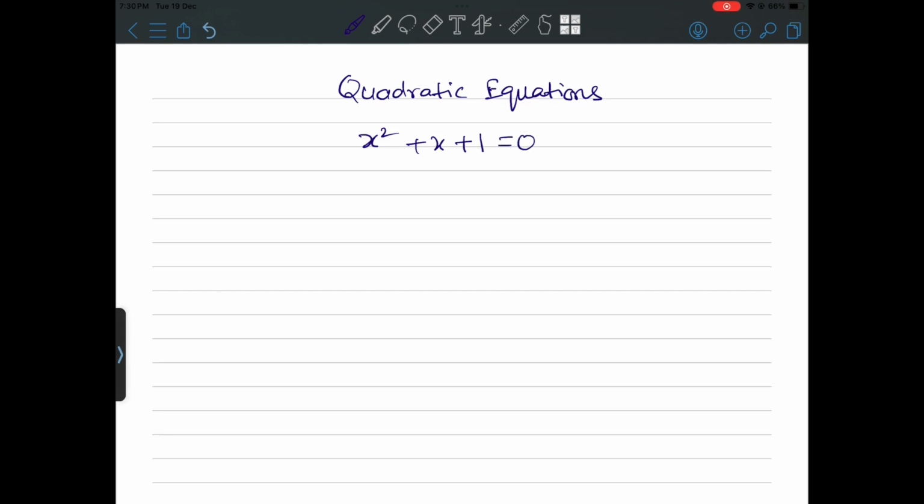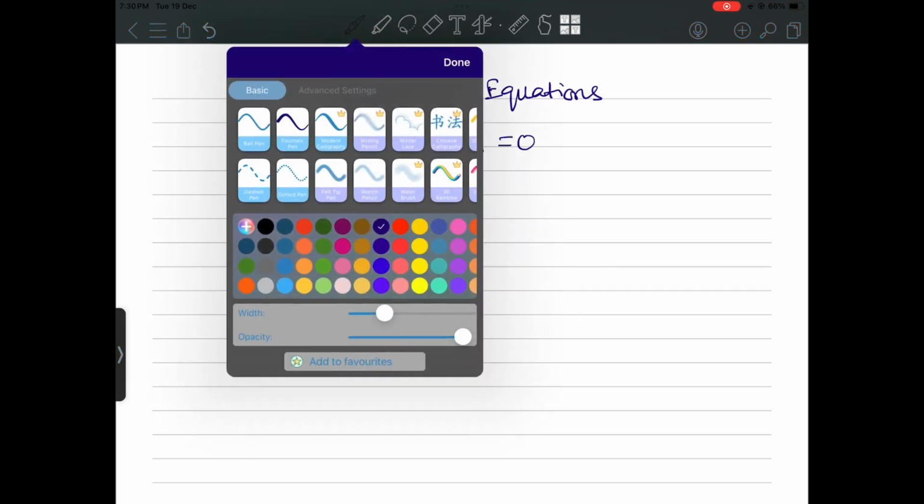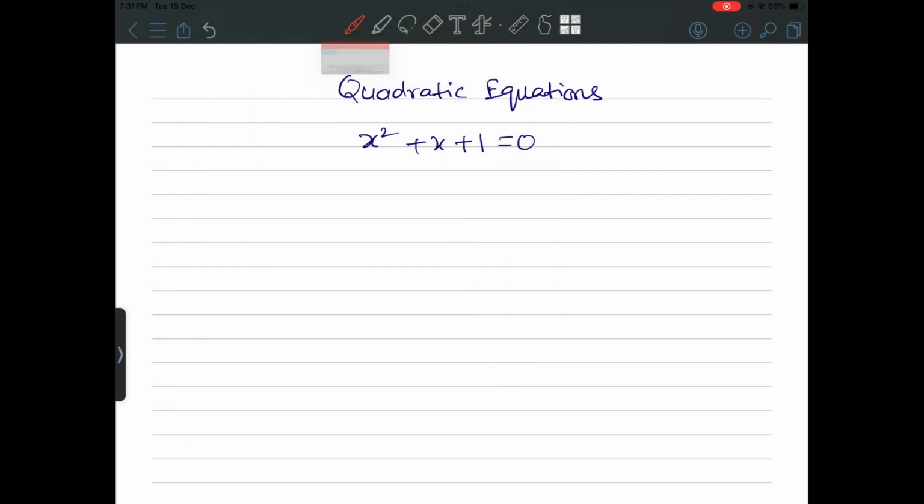If you see, the highest degree in the variable x is 2. So whenever we have an equation that has the highest degree of 2, then we call that equation a quadratic equation. This is the only definition you should understand.